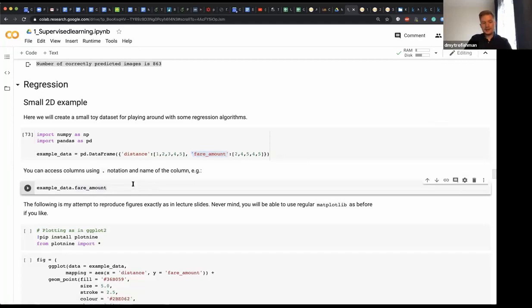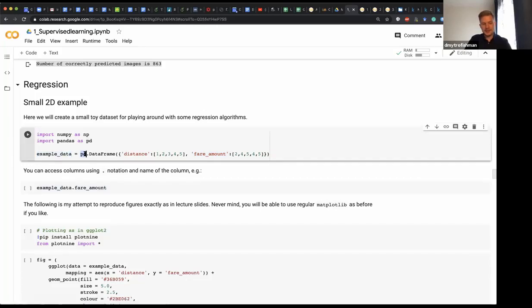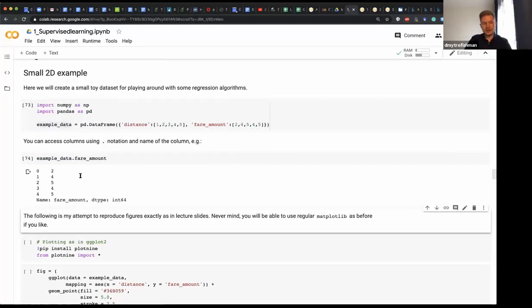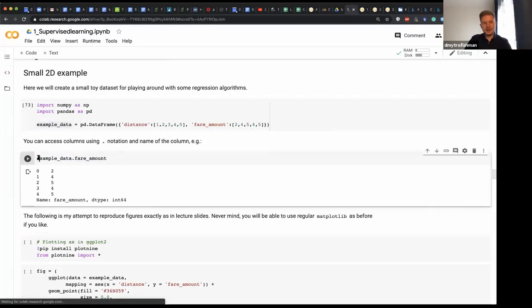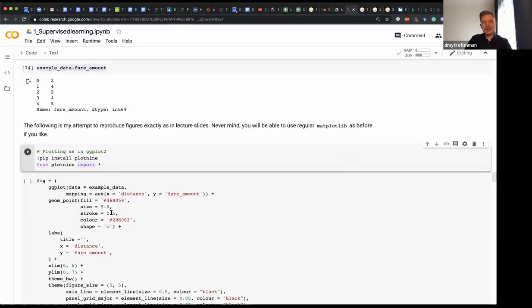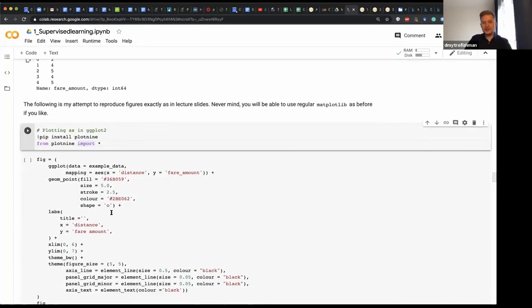What happens now is that, since this is a pandas data frame, we can reference columns by writing example data dot name of the column, for example, fair amount. You can check it out by running this cell. Now I do some black magic that you don't have to really understand.